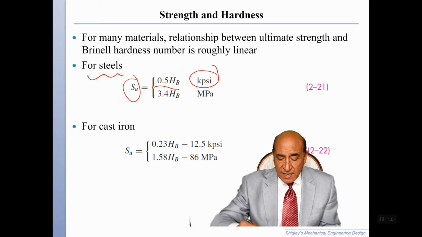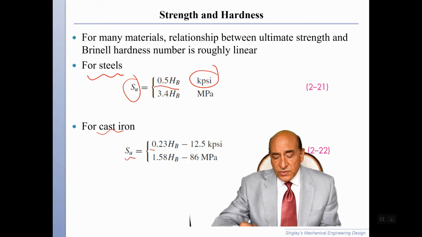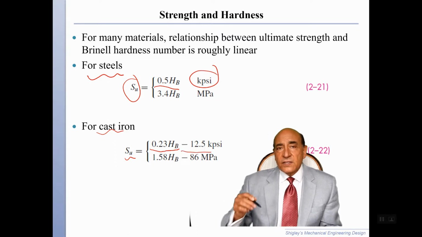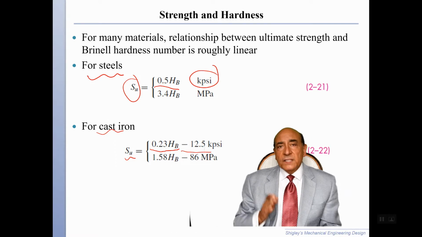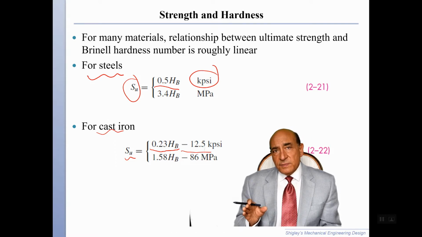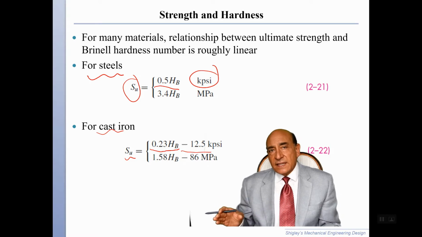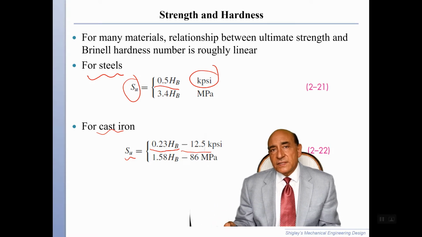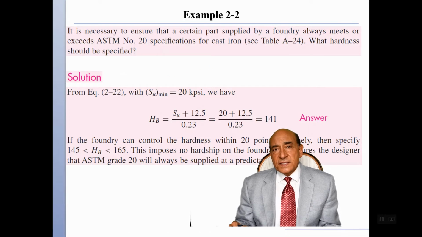Fantastic. Another, for cast iron, the ultimate strength is given as 0.23 of the Brinell hardness number minus 12.5 KSI. In other words, the ultimate strength is 1/4 of Brinell for the cast iron, and then also less than that, minus 12.5 KSI.